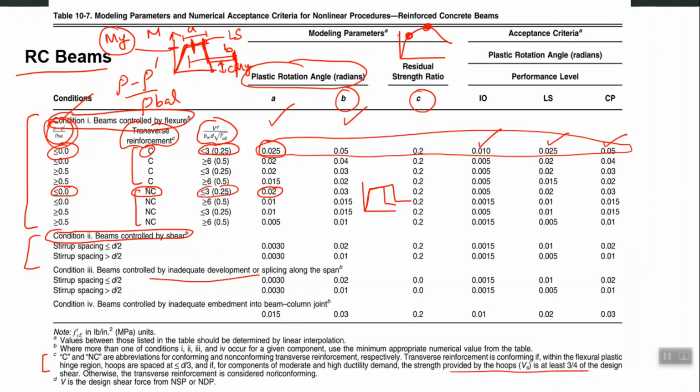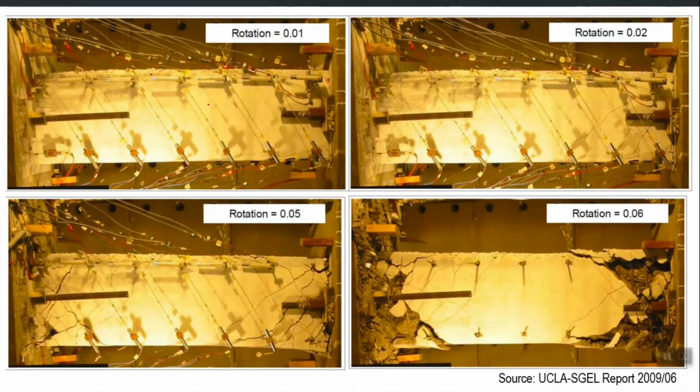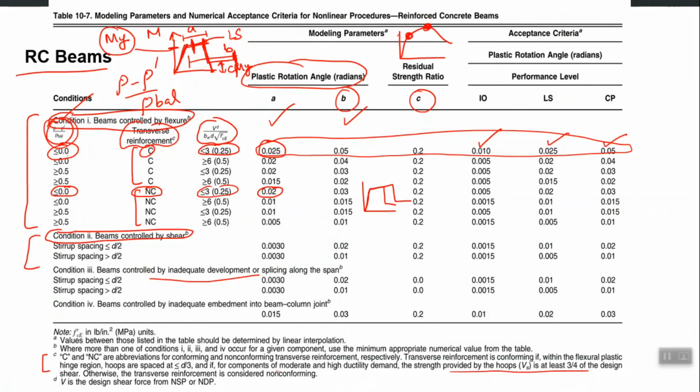So, just to give you an idea for this full member level behavior, this is the rotation, and this is the condition of your beam when its end rotation is 0.01 radian, right. So, this beam is subjected to some load, and end rotation means that if this is your beam and this is the deflected shape, then the tangent of the deflected shape at the end makes an angle with the horizontal, and that is the end rotation theta.